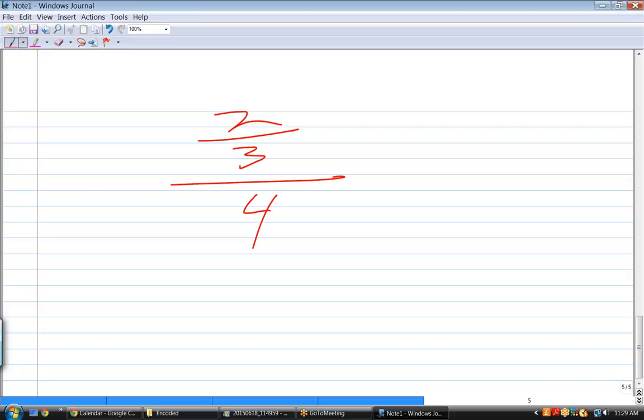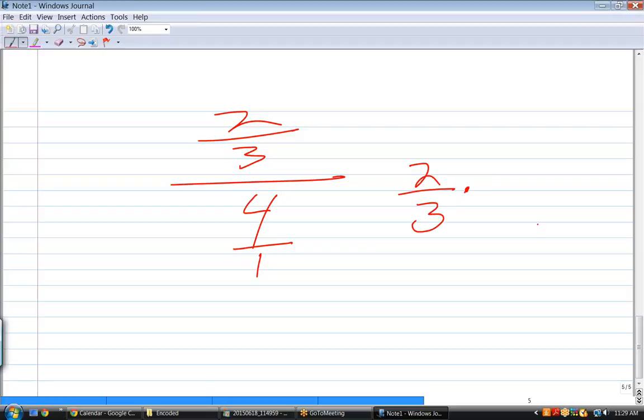Would we change the whole number into a fraction? Yeah, you can look at it like that. There's a 1 under it. In other words, 4 is the same as 4 over 1. And now we have a fraction divided by a fraction. So how can this be solved?